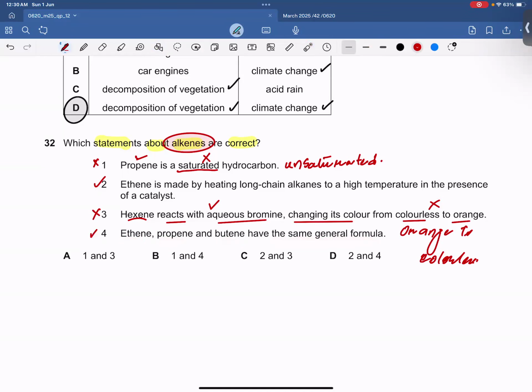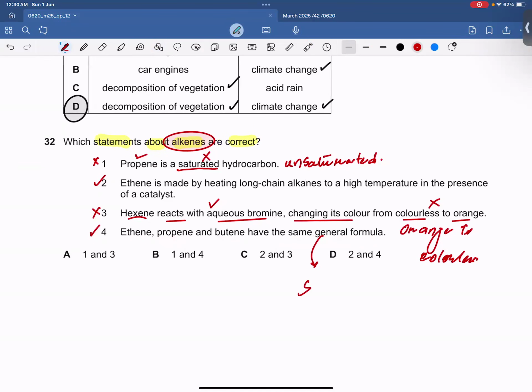That's true because they belong to the same homologous series. And if they belong to the same homologous series, which means they have the same general formula. So second and fourth is correct, and therefore D is going to be the right answer.